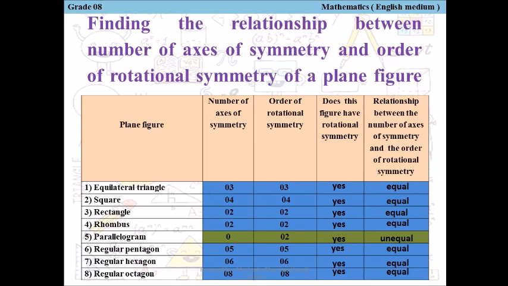The plane figures with rotational symmetry are not always bilaterally symmetrical plane figures. What is the reason? When we get parallelogram, it has rotational symmetry, but it is not a bilaterally symmetrical plane figure.